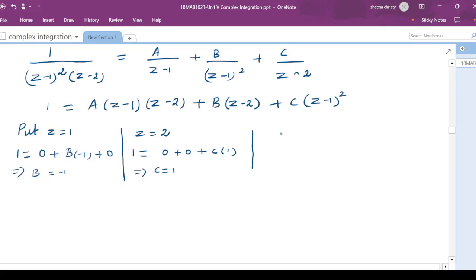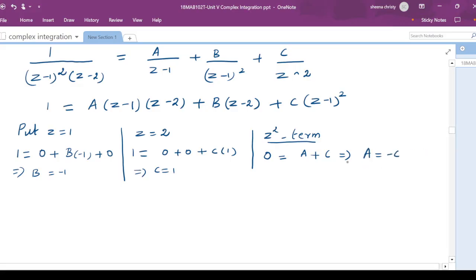Then, if I am comparing the z square term on both sides, the left hand side has no z square term. From the right hand side you will have a into z square, so a alone you have to write, plus, here no z square term, here you will have z square term, z square into c, so plus c. Therefore this gives you a equal to minus c.